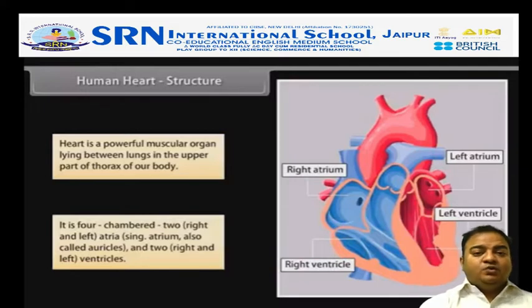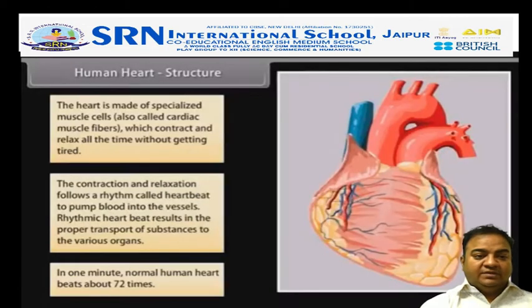Before telling you about the human heart, dear learners, let me tell you who did the first heart surgery. The first open heart transplantation was done in South Africa in the city of Cape Town by Dr. Christian Barnard. The heart is a powerful muscular organ lying between the lungs in the upper part of the thorax of our body. It is four-chambered, that is, two right and left auricles and two right and left ventricles.